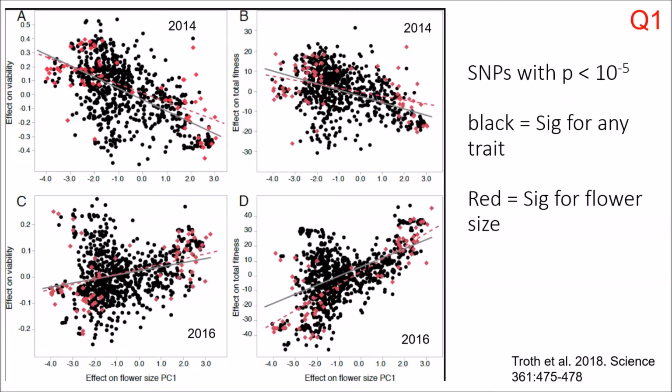SNPs that tended to increase flower size were detrimental to viability in 2014 and also to total seed set that year. In other words, there was directional selection for alleles that reduced flower size and also allowed you to progress to flower more rapidly. That trend tended to reverse in 2016. There was directional selection, particularly when you included seed set as well as viability, for the slow, big alleles.